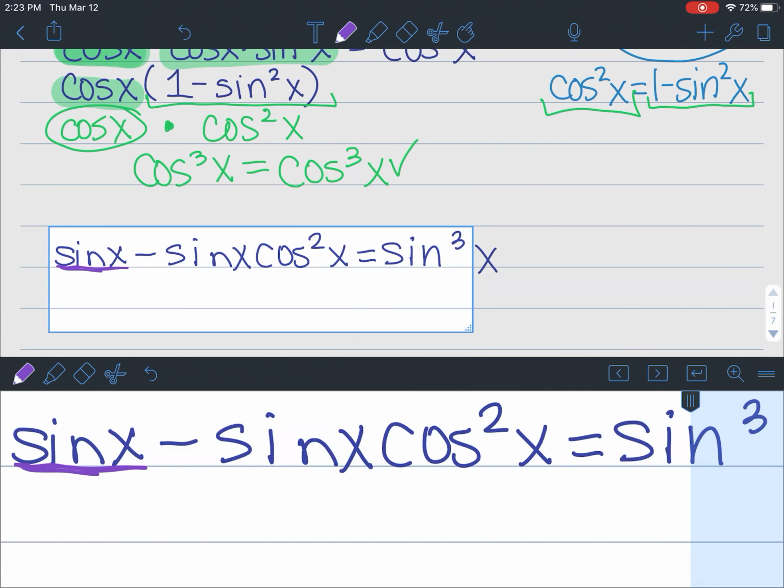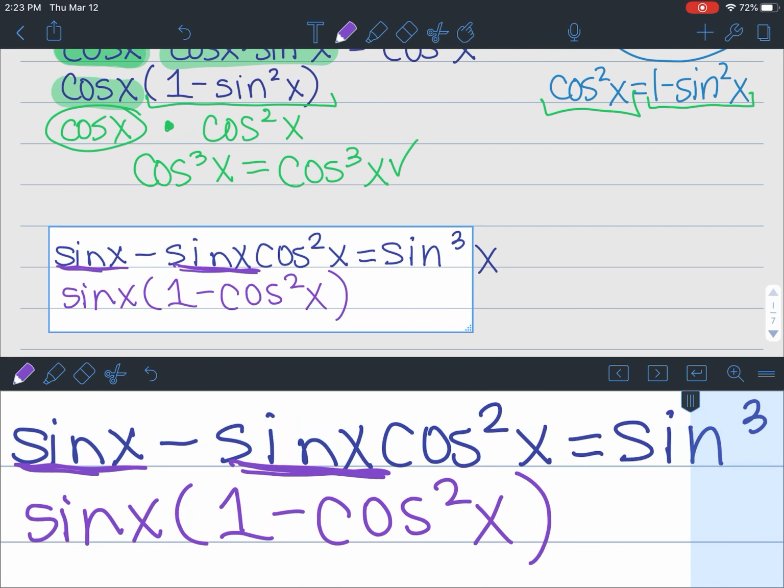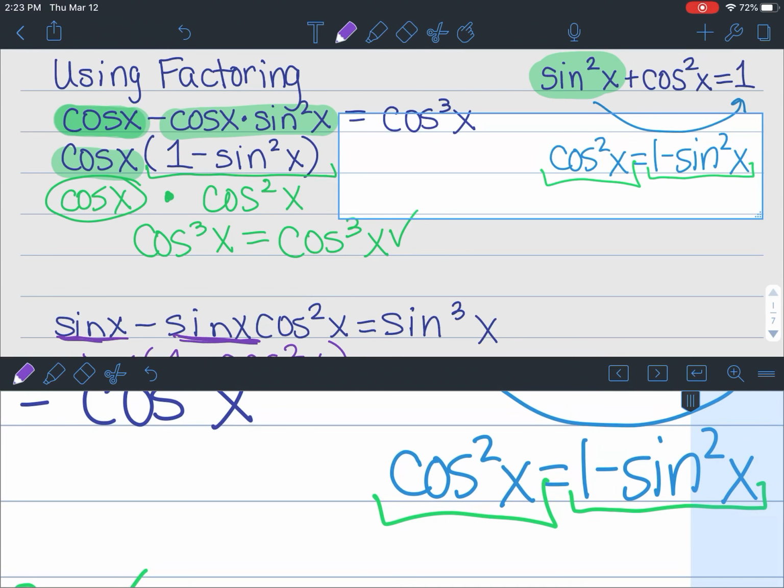Okay, so I see this sine x and sine x in both terms. I'm going to factor that out. Remember that dividing sine by sine gives us a 1, not a nothing. Now, I don't have 1 minus cosine squared up here, but couldn't I do the same thing with this light blue one?